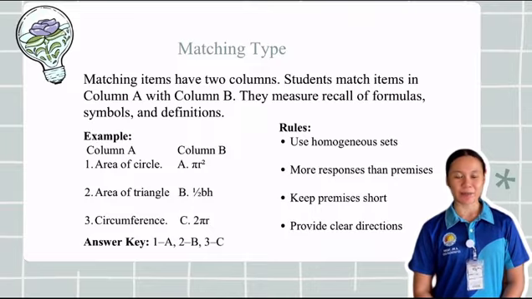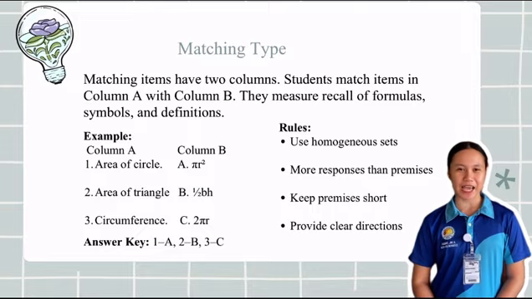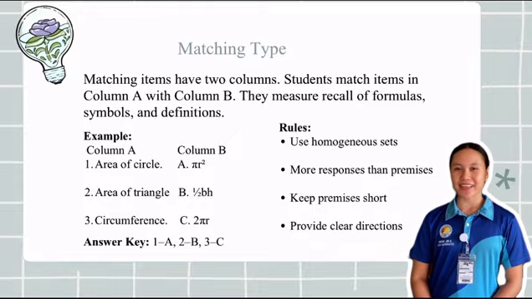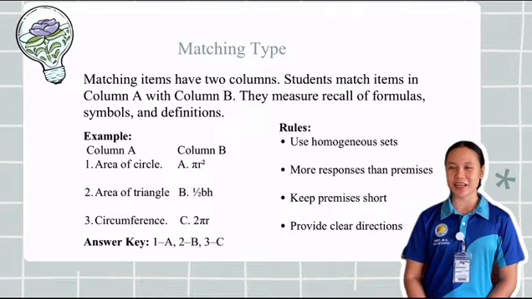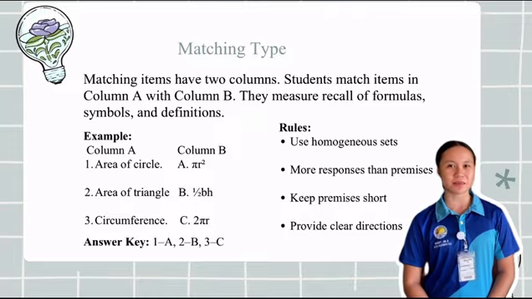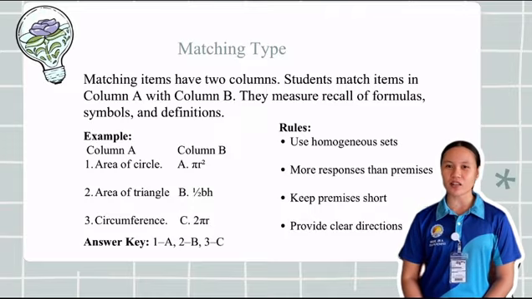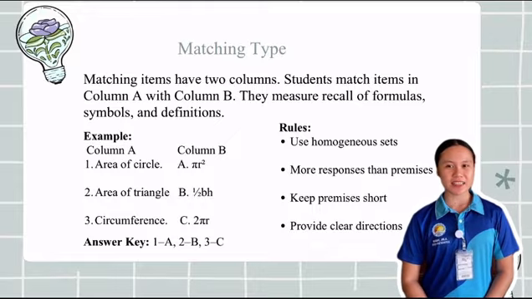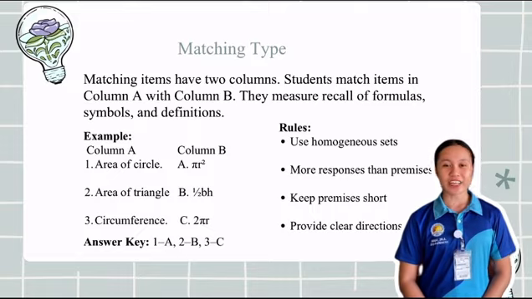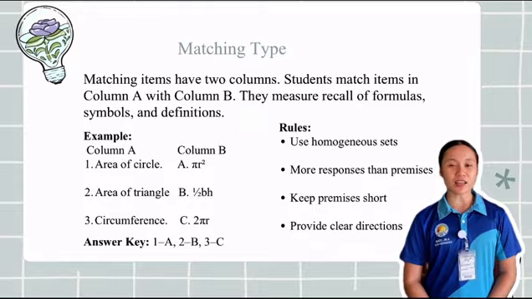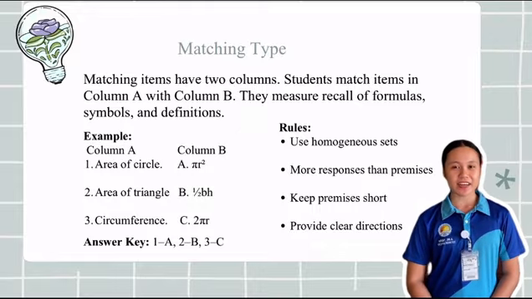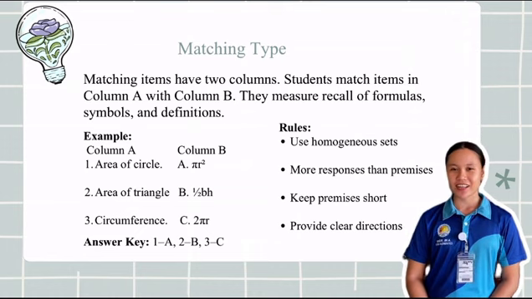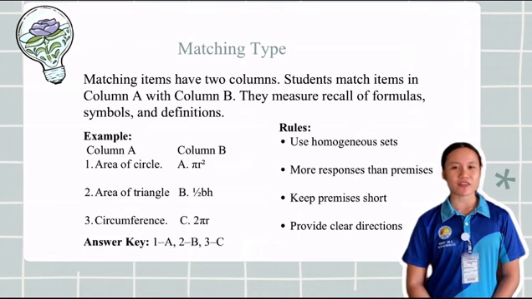So the third type of test is matching type. Matching type items have two columns. Students match items in column A with column B. They measure recall of formulas, symbols, and definitions. For example, we have column A, which is number 1, area of circle, number 2, area of triangle, and number 3, circumference.